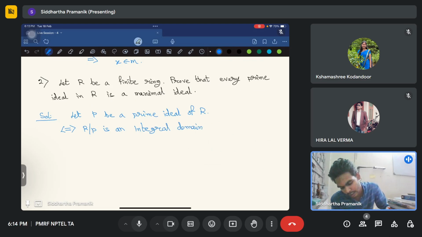Now it is given that R is a finite ring. So R consists of finitely many elements, so its quotient is also a finite set. So that means R mod P is a finite integral domain.